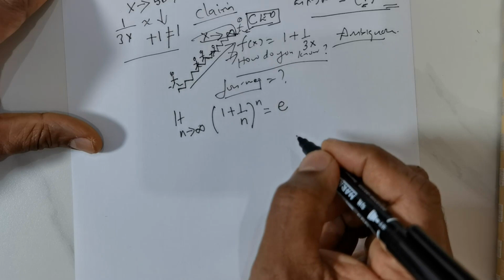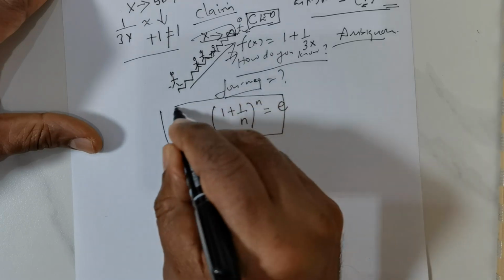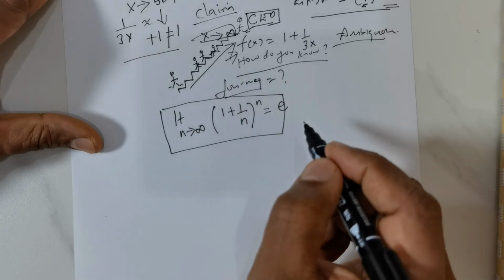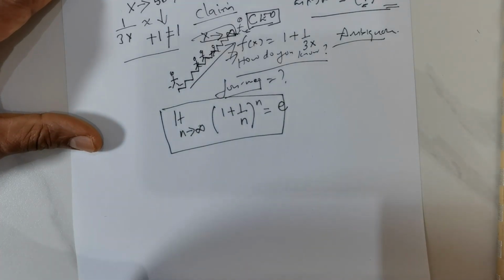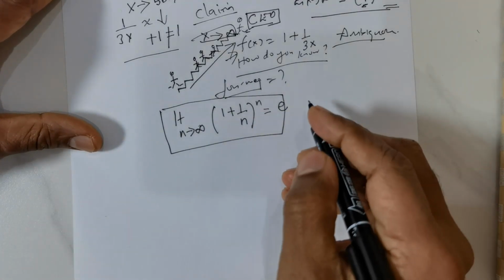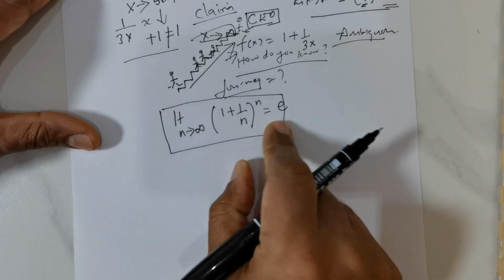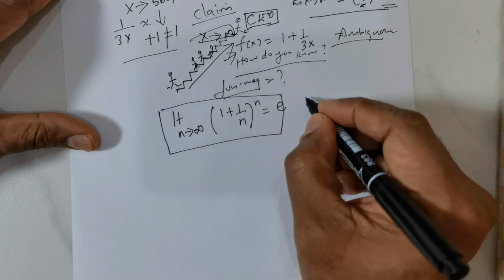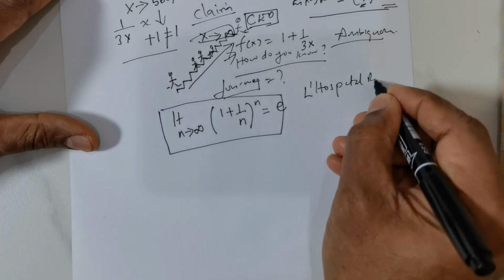So this is a well-established result. Now having got this result, what we have to do is either apply this result or apply the basic properties of L'Hopital's rule to get the result.